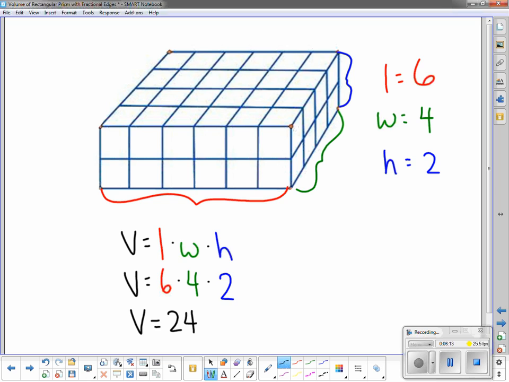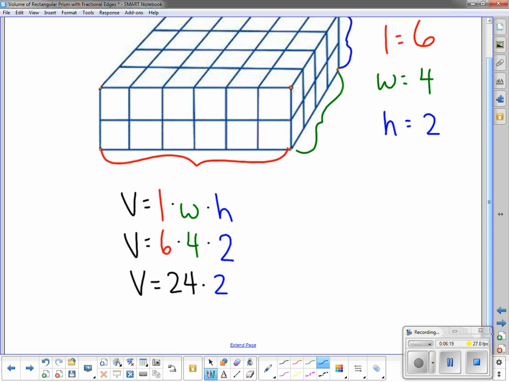And then multiply it by 2 to get a volume of 48 cubic units. All of our volume answers will be in cubic units, that exponent of 3.